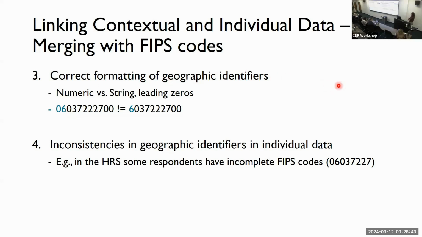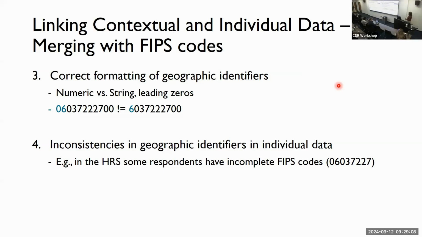We've also found that sometimes we have mismatches in our linkages due to the individual level data set. So with the HRS, we found that there are some respondents that just have incomplete or inconsistent FIPS codes. So they'll have like an 8 or a 9-digit FIPS code. And so those obviously do not get matched to the 11-digit or 10-digit code from the contextual data source.